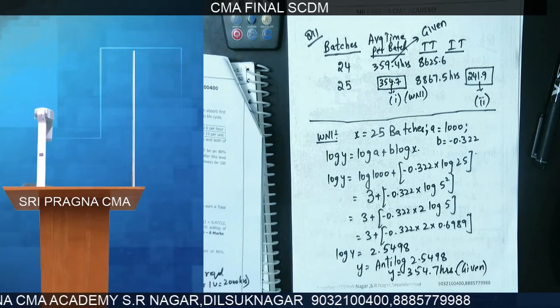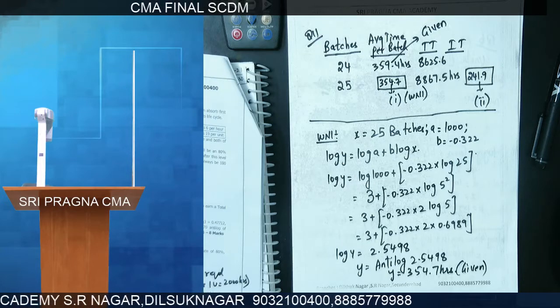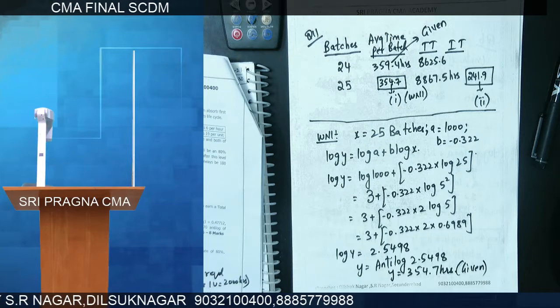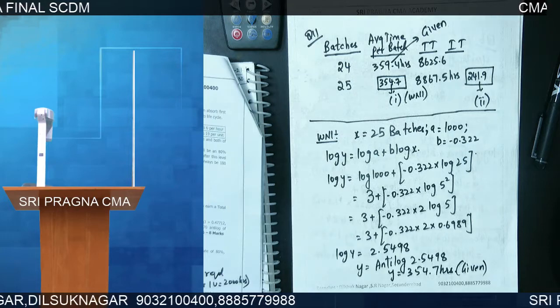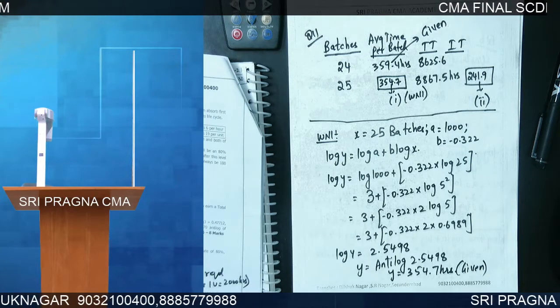The peculiar point in this problem is the time keeps on decreasing till the 25th batch. Thereafter, the time taken remains constant, and that is what happens. You can't expect that it keeps on decreasing forever. It doesn't happen like that.